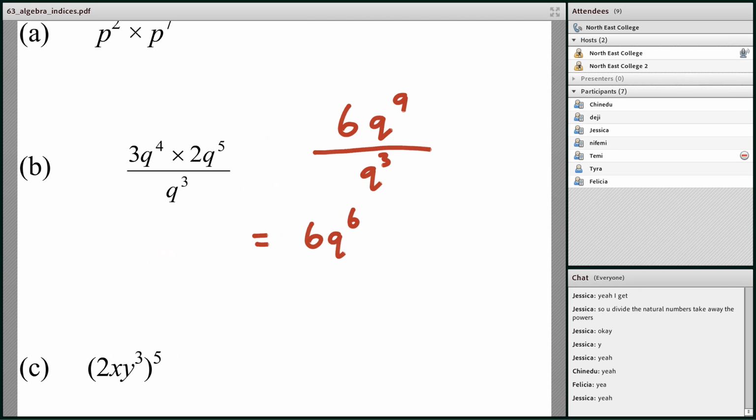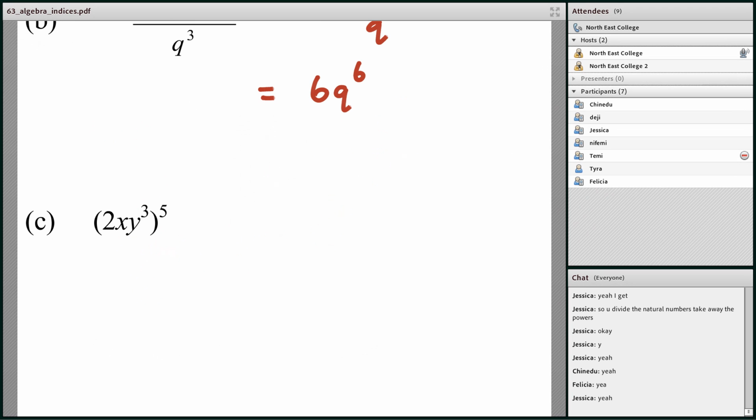Five x to the power of 6 y to the power of 4.